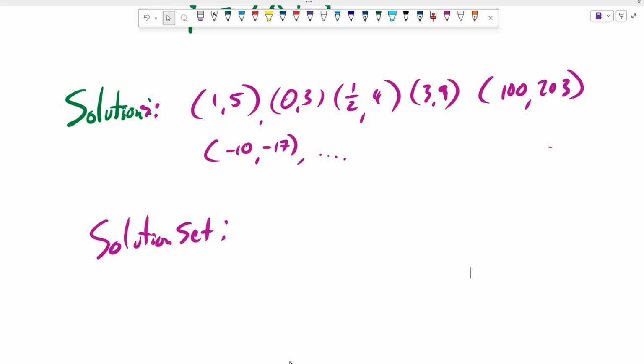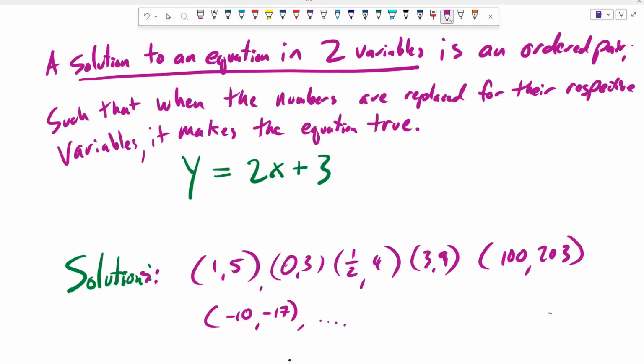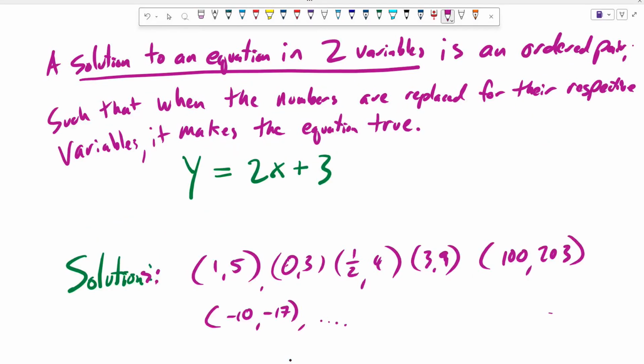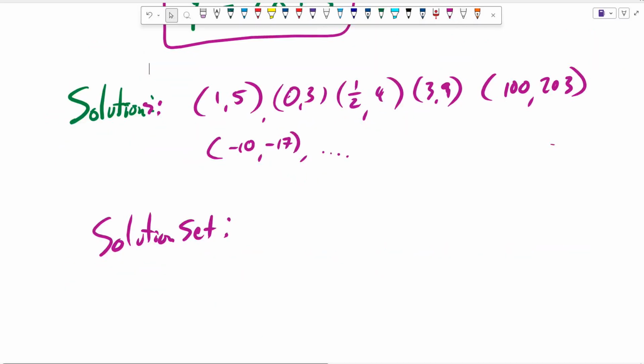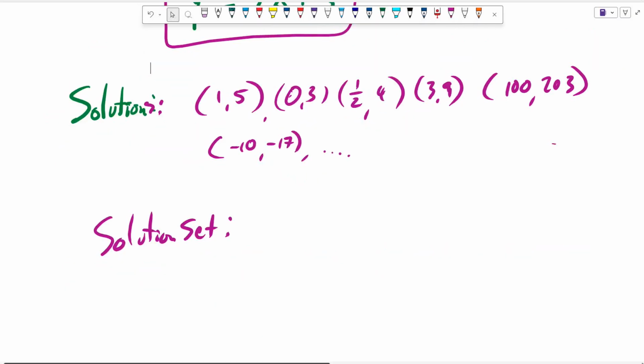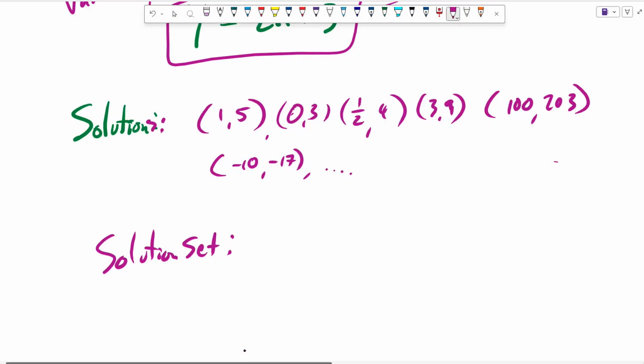We'll talk about what domain and range mean in a minute, but how are we going to do this? Because we know lots of ordered pairs that are not solutions. This could be a linear equation. This definitely is a linear equation.